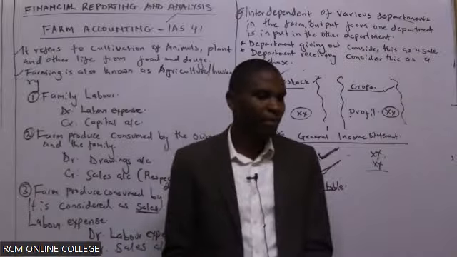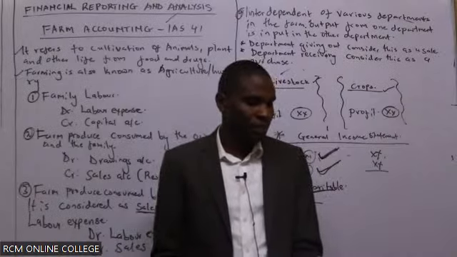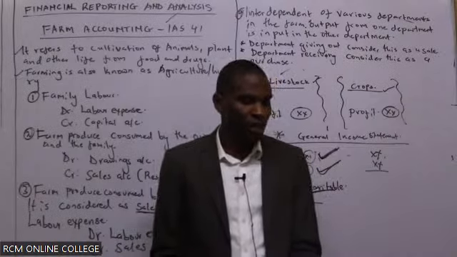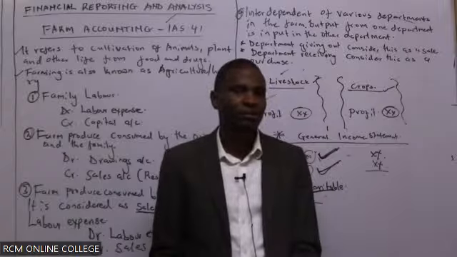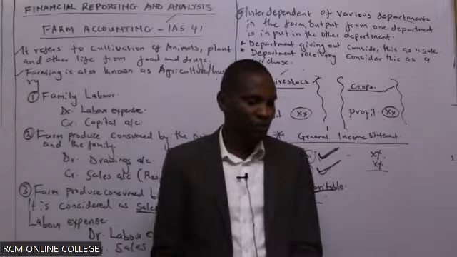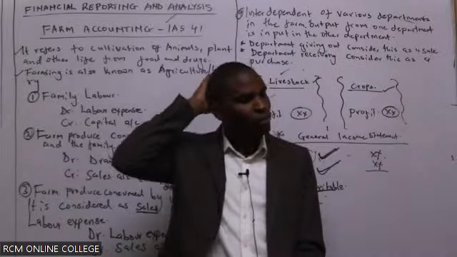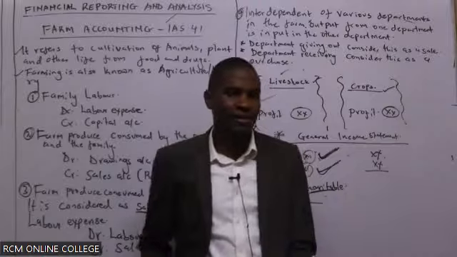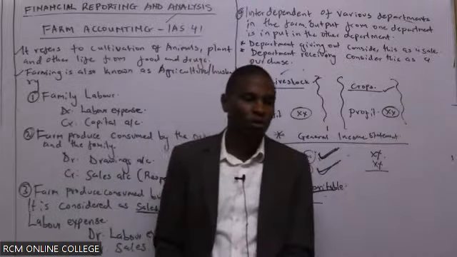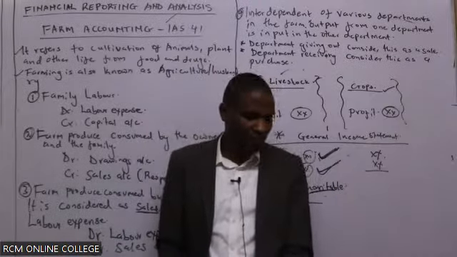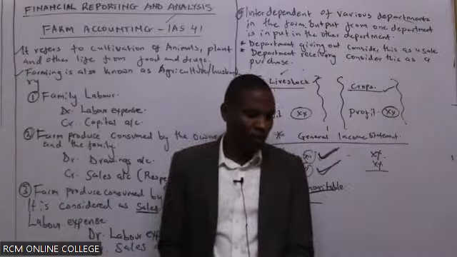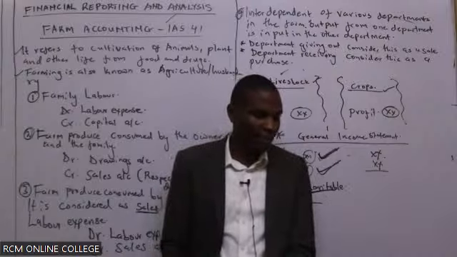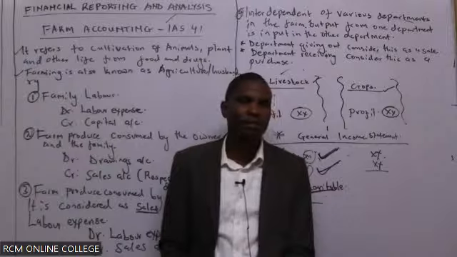Number two, if it is probable that the future economic benefit will flow to the entity. Number three, the fair value or cost of the asset can be measured reliably.